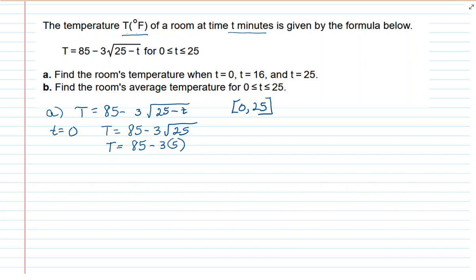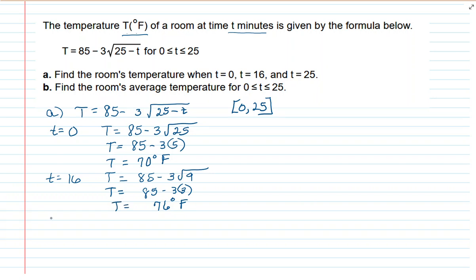Well, this would make it 15. So I would have 70 degrees Fahrenheit at the start of this test. The next one is, they want T equals 16. So I've got a 9 on this guy. So I end up with 76 degrees Fahrenheit.